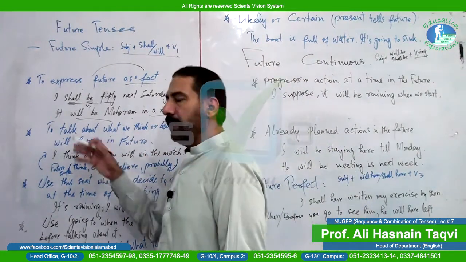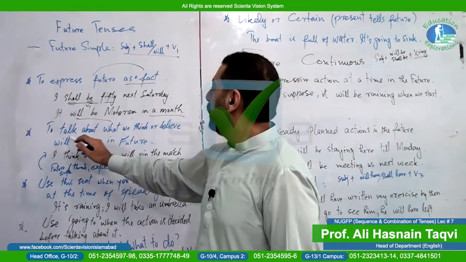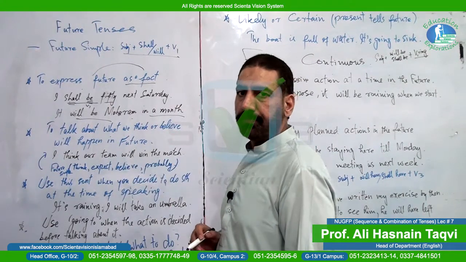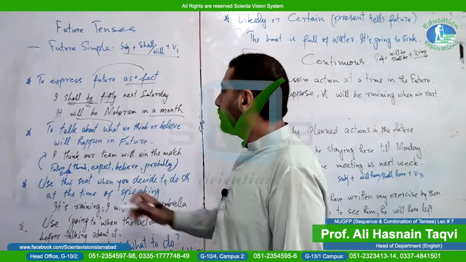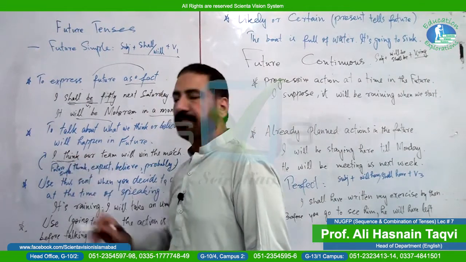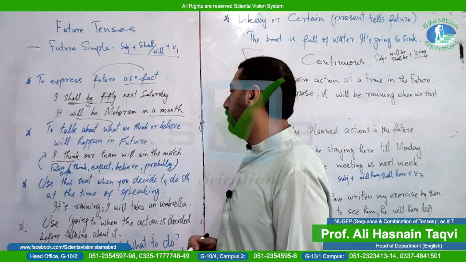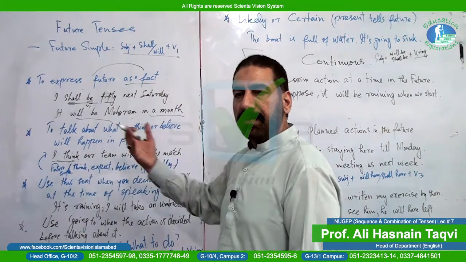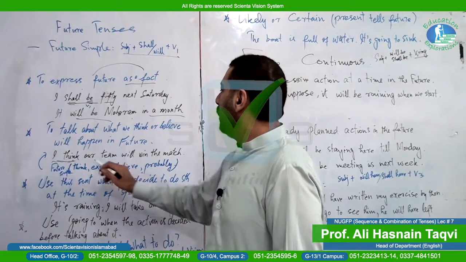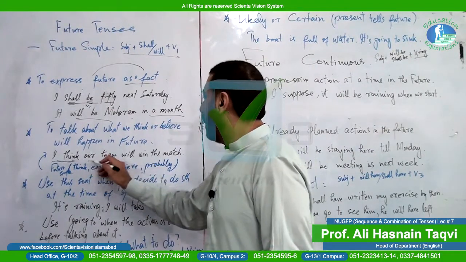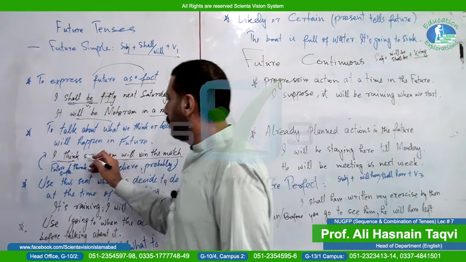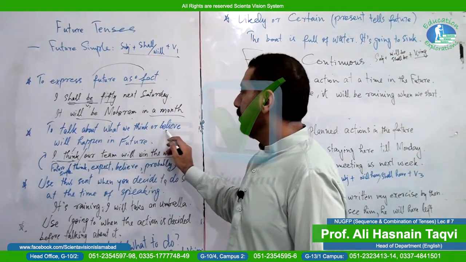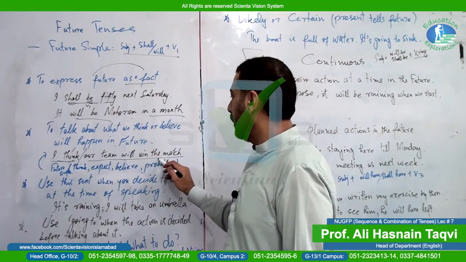Another option when you apply this tense, to talk about what we think or believe will happen in future. It's like prediction kind. You know, with think and such words, suppose and believe, you use present simple. Then again for sense verbs you use present simple. But this goes on. I think our team will win the match. So you have two clauses here. With this expression, your belief is there about some future happening.